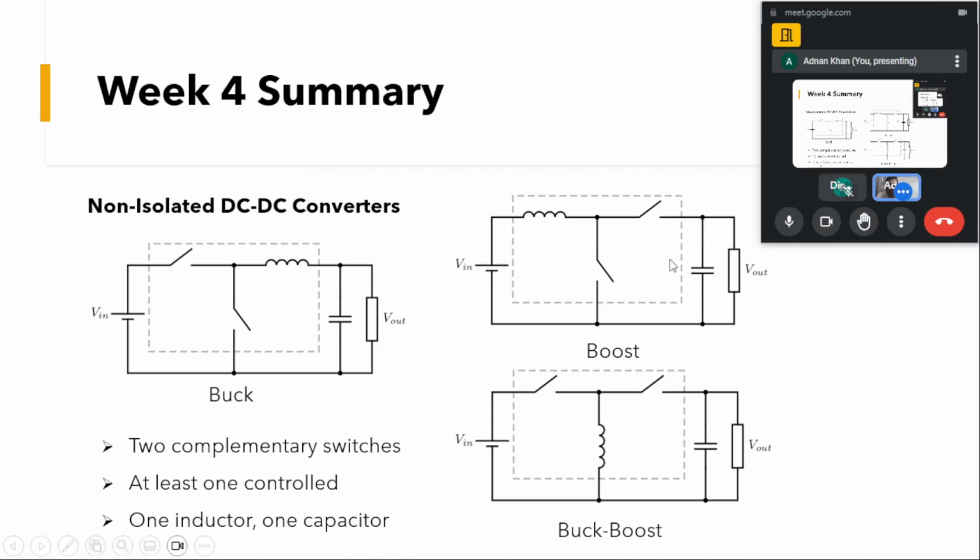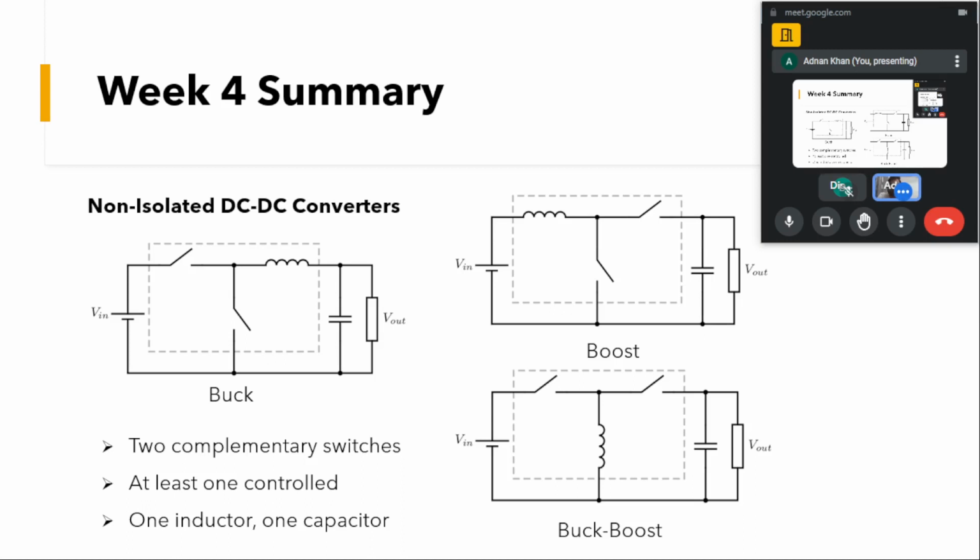Similar to the buck, in all three topologies one of the devices needs to be the controlled one, and the other can be uncontrolled. The minimum requirement is one control device. We can also have both of the switches be controllable devices.